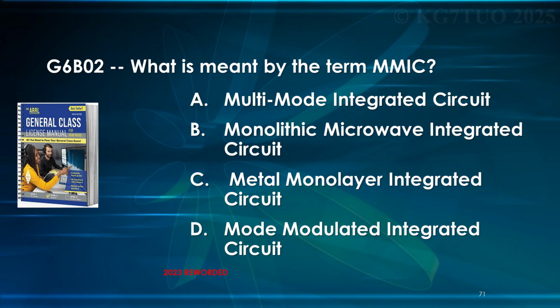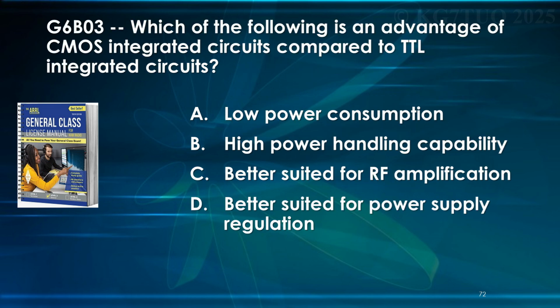What is meant by the term MMIC, not Mickey Mouse? Bravo. Monolithic microwave integrated circuit. Which is the following is the advantage of CMOS integrated circuits compared to TTL integrated circuits?